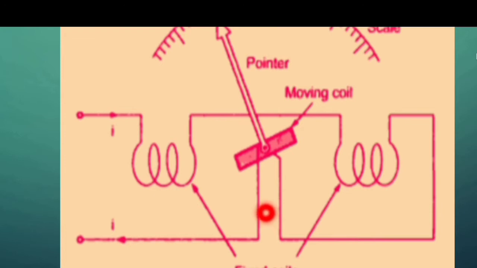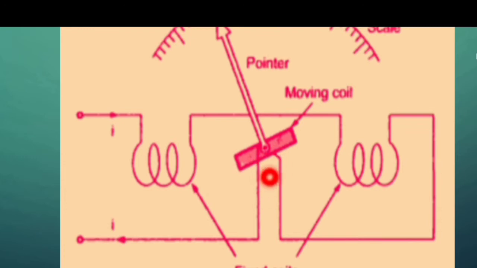For the movement of the pointer and scale arrangement, there needs to be a force. That force is the deflecting torque, and to oppose that force, to bring the pointer back to a steady position, we make use of a controlling torque, and the pointer's oscillation is reduced to zero by means of a damping arrangement.